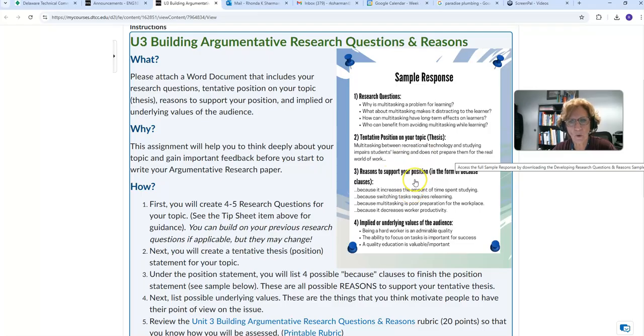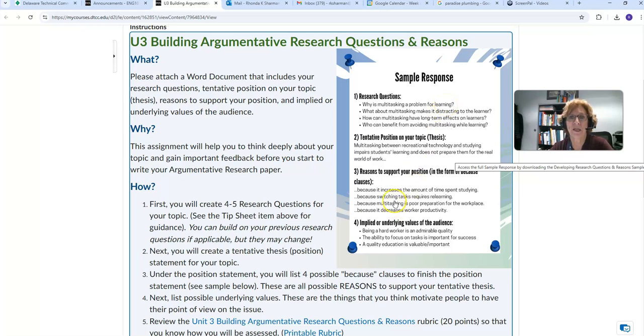All right, at this point then, go back to your research questions and make those research questions more focused on your reasons. This way you can use your research questions to help you look for more information. So one research question would be, how does multitasking affect time spent studying?